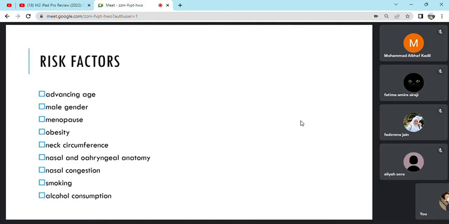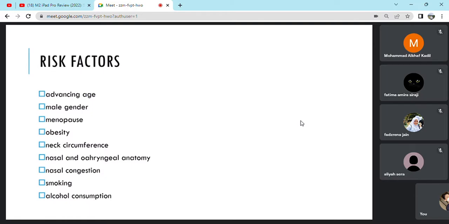At syempre, pag nag-decline yan, when you go from premenopausal to menopausal up to postmenopausal, your levels of estrogen and progesterone will decrease. So you also decrease the hormones that will improve muscle tone and prevent airway collapse. Kaya menopause is also correlated with the presence of obstructive sleep apnea.